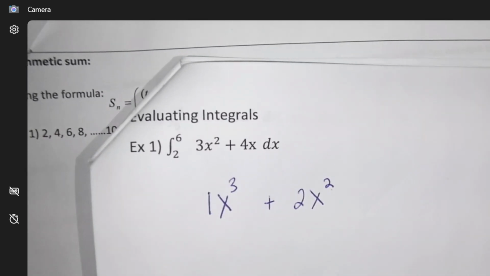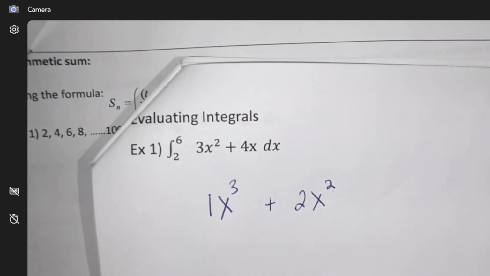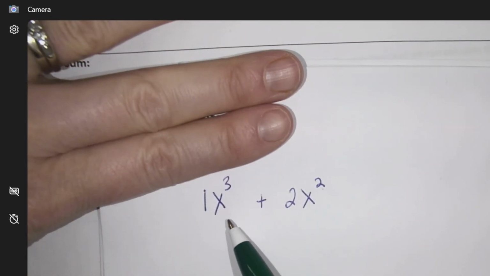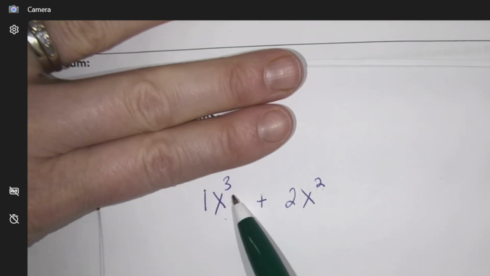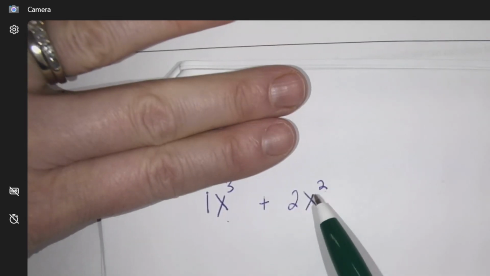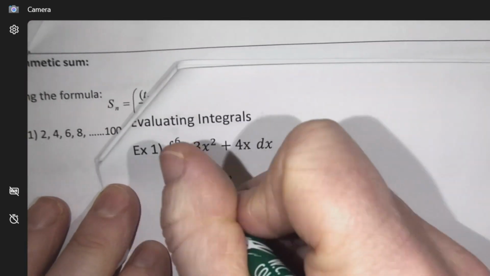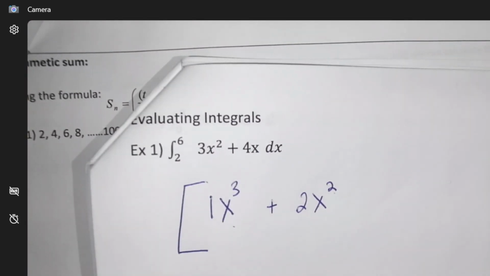Do you remember me saying you can check your answers by deriving? So if I did this, what's the derivative? 3x squared. Yep. If I derive this, I get a 4x. So there's the antiderivative.